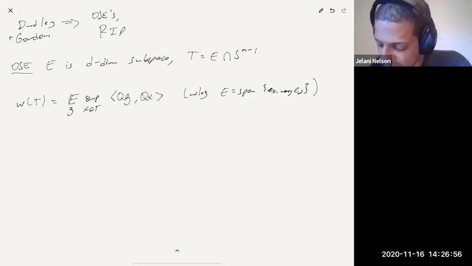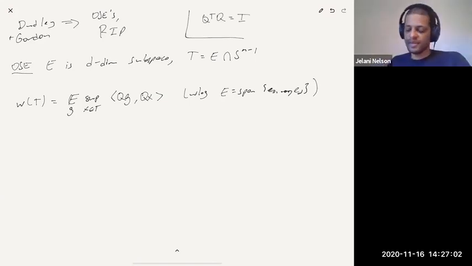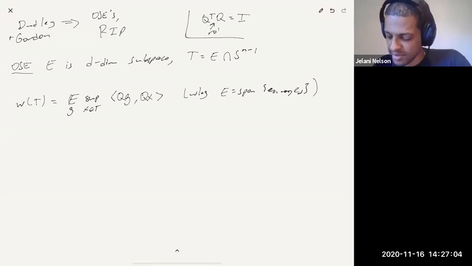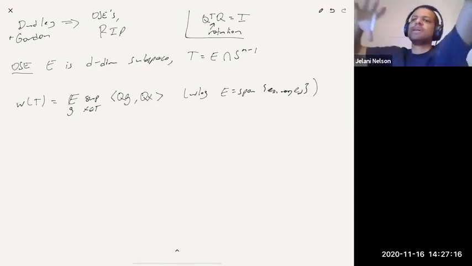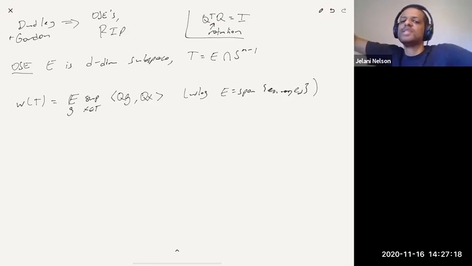So Q transpose Q is equal to the identity, right? This is a rotation matrix. So what I'm saying is, let Q be a rotation matrix that rotates the subspace to be the subspace which is the span of E1 up to ED.